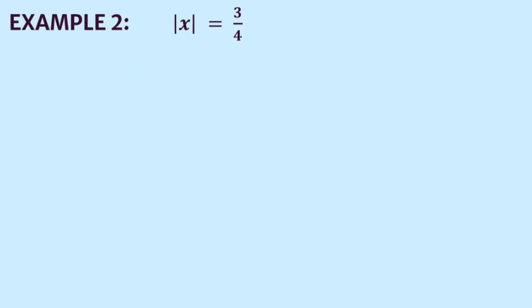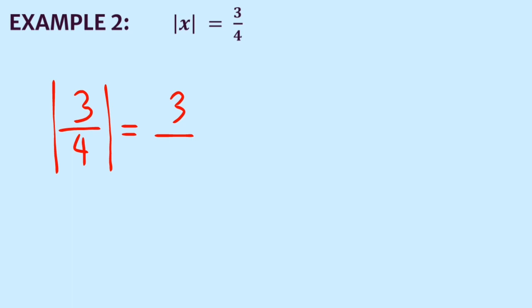This one. The absolute value of x is equal to 3/4. Okay, let's solve this. So we can assume already that 3/4 is the value of x to satisfy our equation.